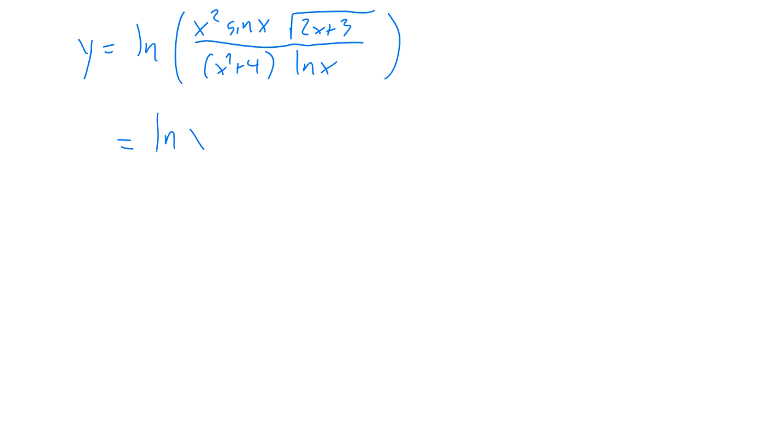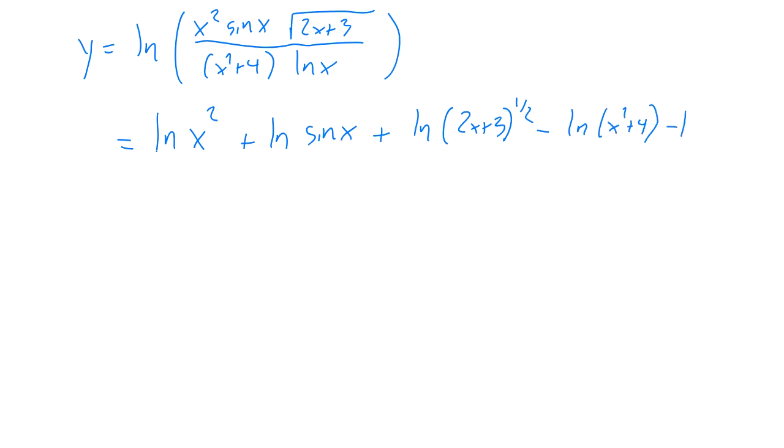I could write this as natural log of x squared plus natural log sine x plus natural log of (2x plus 3) to the half, minus natural log of (x squared plus 4) minus natural log of x. And then using the power rule, I can bring this 2 down, and I can bring down that 1/2.